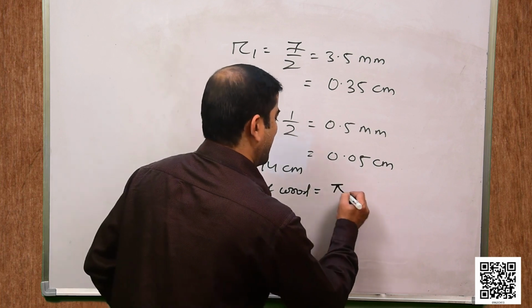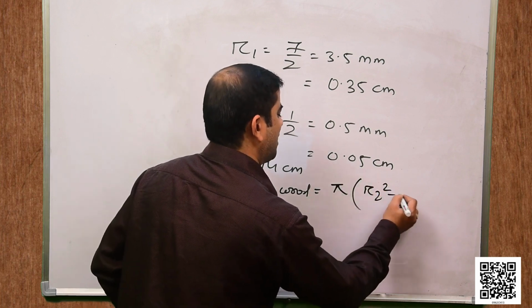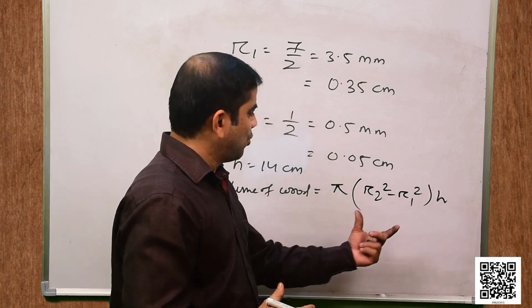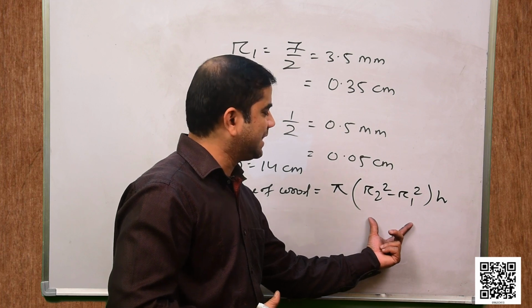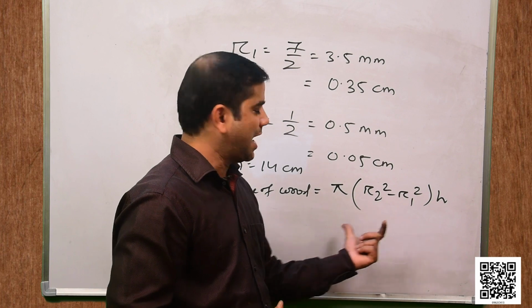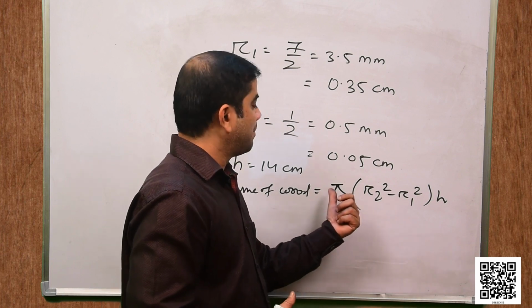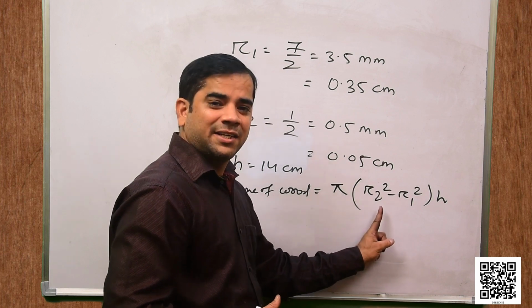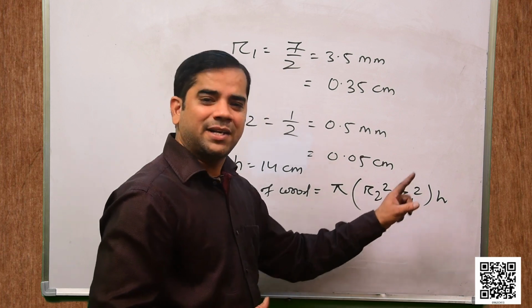So, it is pi (R1 square minus R2 square) H. Hope you understand why I have written it like this, because it is pi R1 square H minus pi R2 square H, and I have taken common pi and H and subtracted the radii squares.